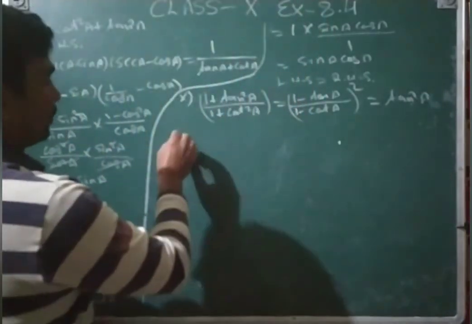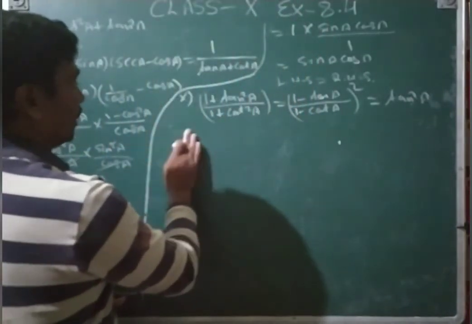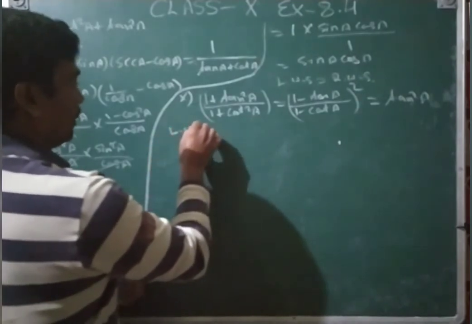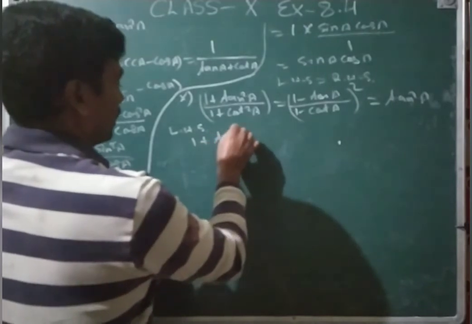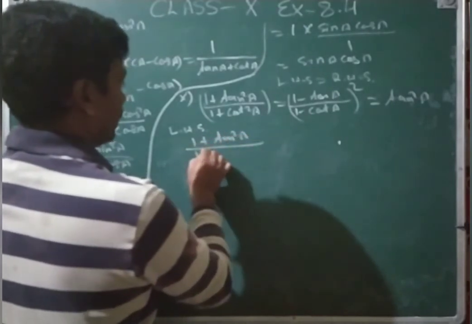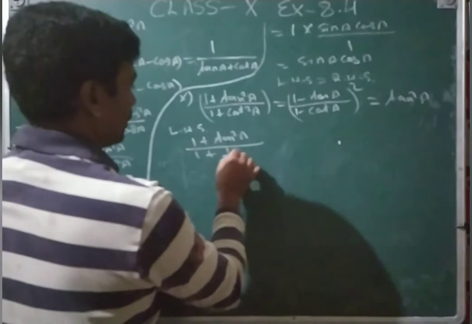And then by left hand side, 1 plus tan square A upon 1 plus cot square A, cot means 1 upon tan.